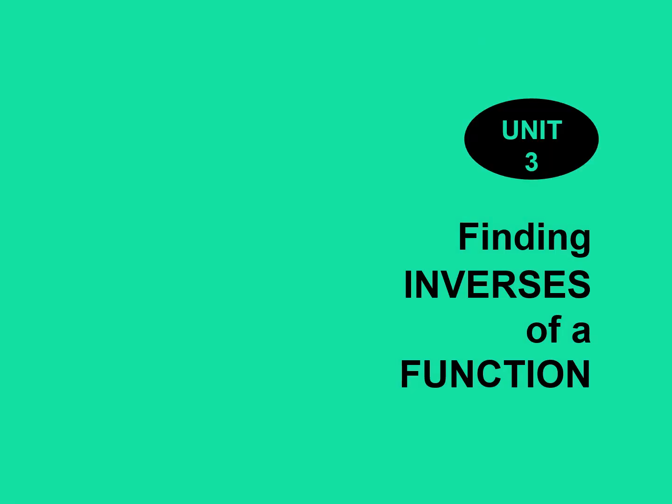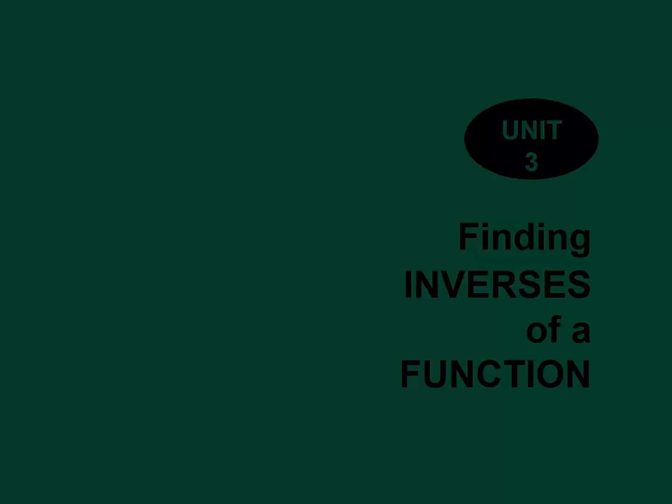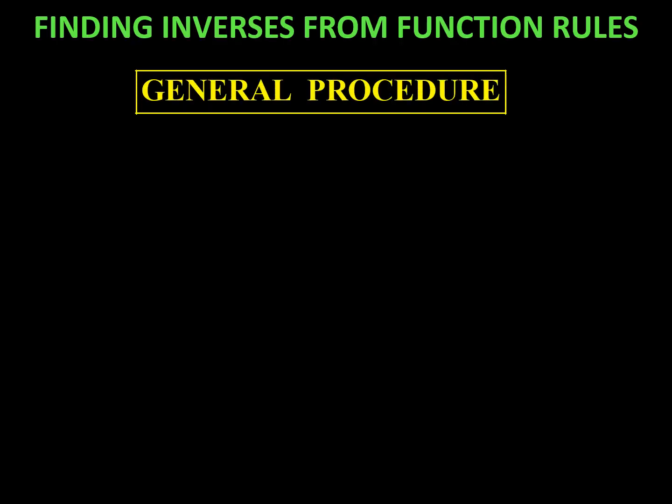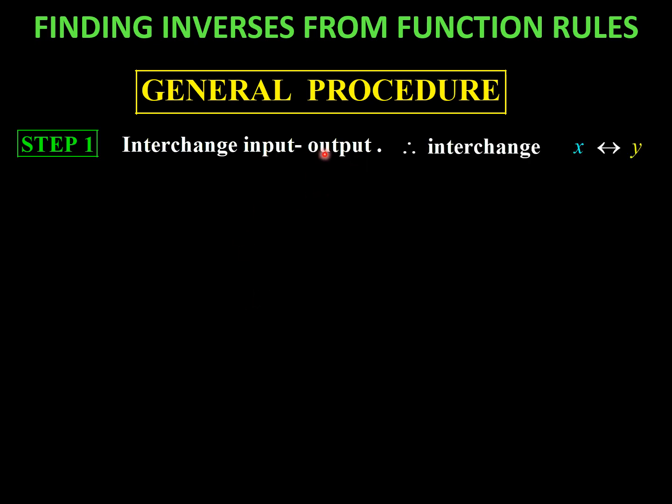Now next we're going to look at showing how you can find inverse functions algebraically. So there's a general procedure we recommend that you follow. First of all, the most important part here is the input and the output must be interchanged or swapped. In other words, x becomes y and y becomes x.